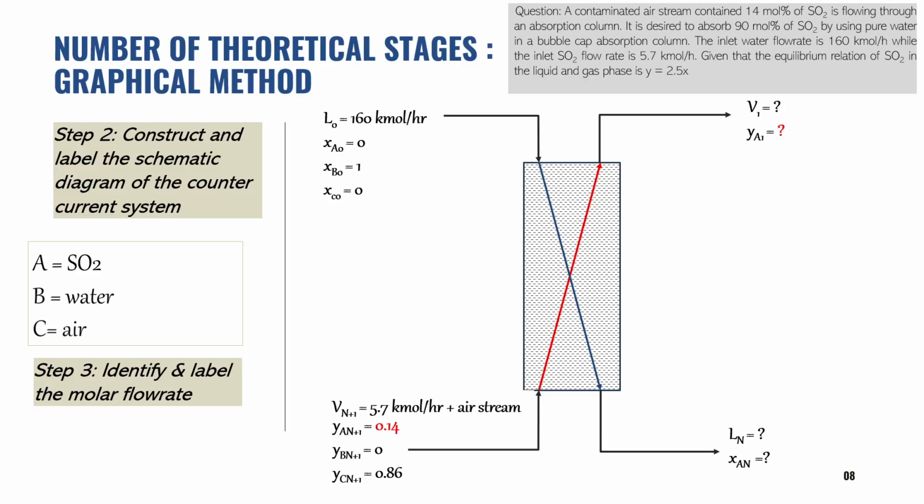So we have three components in the system. The component of interest is the SO2 that we need to strip from the airstream, leaving the system at stream number one, stage number one, after plate number one, right?